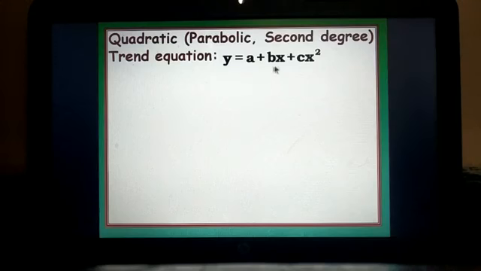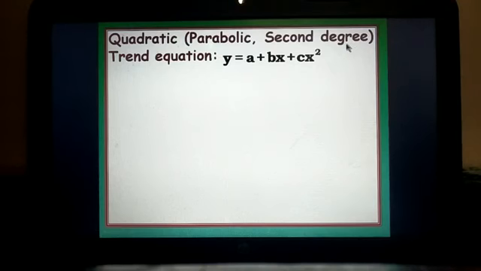X to the power 1, that's why it was called a first degree equation. Now this equation is y is equal to a plus bx plus further cx square is also there. We are landing at x square.